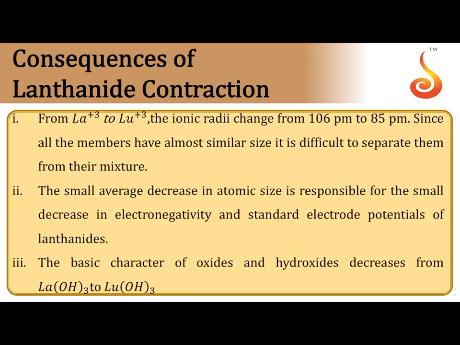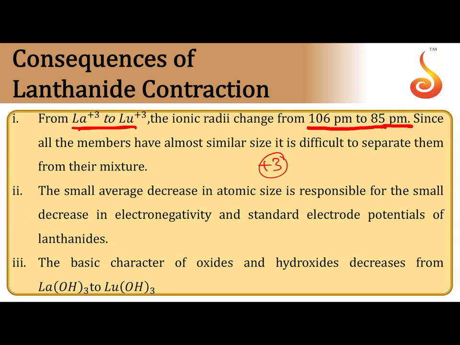Consequences of lanthanoid contraction: what happens due to it? From lanthanum +3 to lutetium +3, d block and f block elements generally exhibit the common oxidation state +3. The ionic radii change from 106 to 85 picometers.